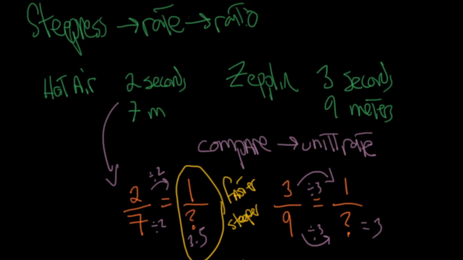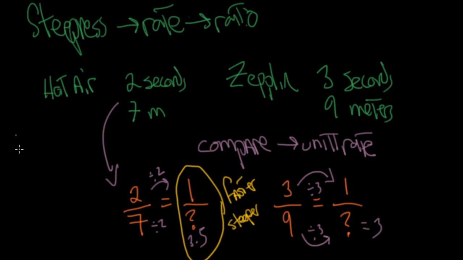So a couple of different ways to compare things, because we're going to be asking you to compare things. Your math teacher will have you going through random worksheets, probably asking you to compare all sorts of different things. Usually cars and distance, or how much food somebody eats for how much money.